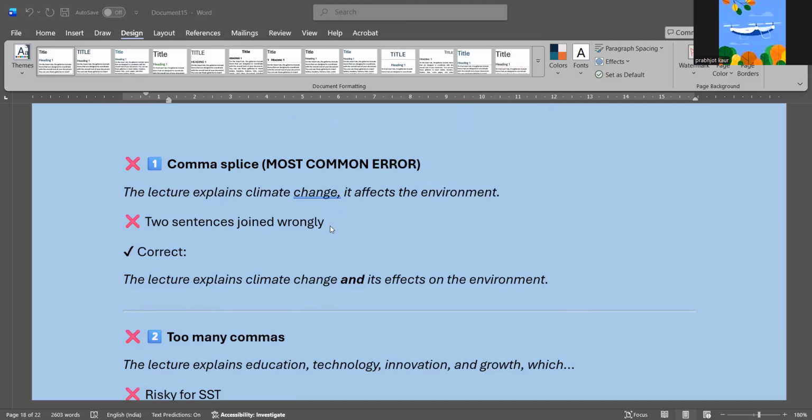Two sentences are joined wrongly. The correct one is: the lecture explains climate change and its effects on the environment. If you use and, there is no comma, but here it is and, and here its effects on the environment.